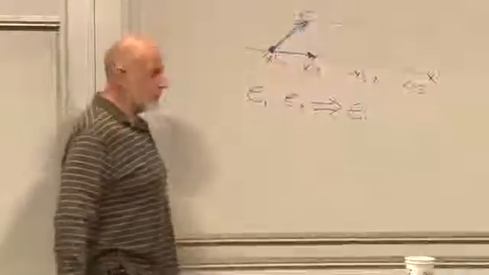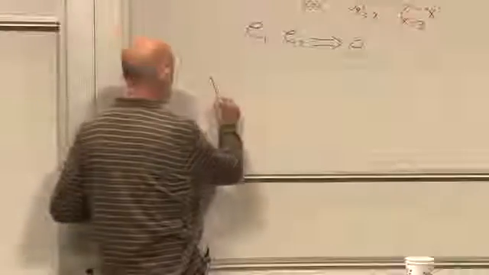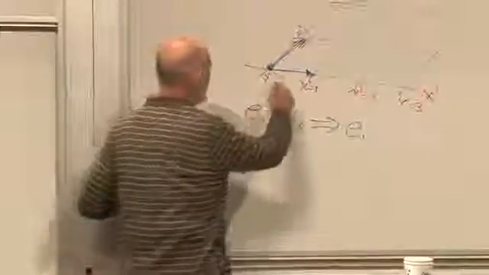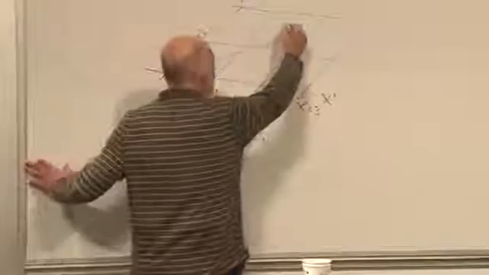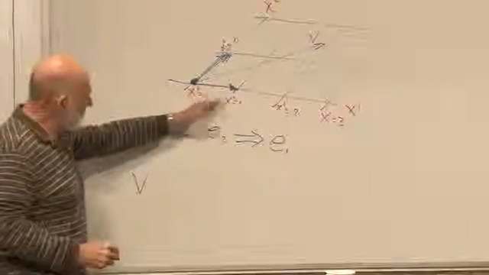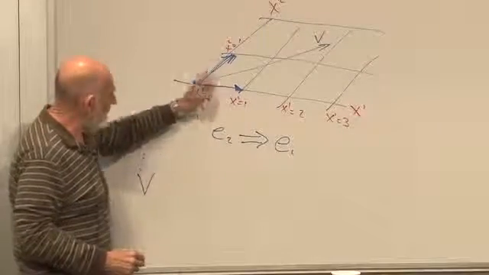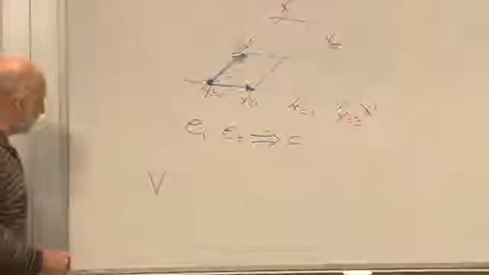All right. Now, next issue, take an arbitrary vector, let's call it V. An arbitrary vector, for example, one over here, V, can be expanded as a sum of coefficients times E1 plus other coefficients times E2 plus more coefficients times E3.